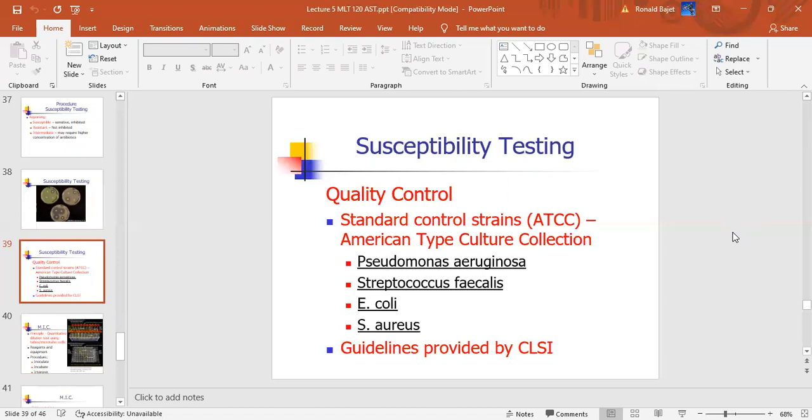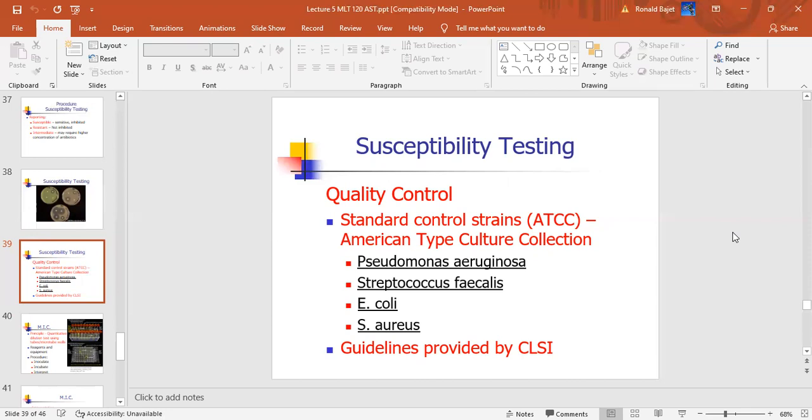ATCC stands for American Type Culture Collection. There's a giant warehouse where the laboratory will purchase these organisms, because that lot of that organism will have a standardized and controlled Kirby-Bauer result. Make sure you know the 4 ATCC organisms used: Pseudomonas aeruginosa, Strep faecalis or Enterococcus faecalis, E. coli, and Staph aureus.